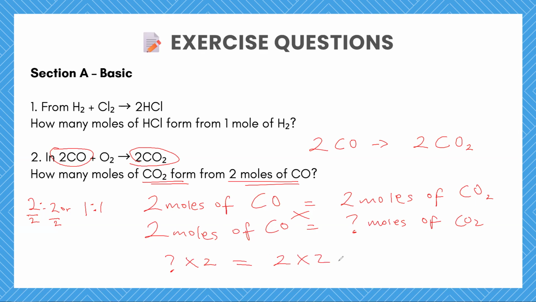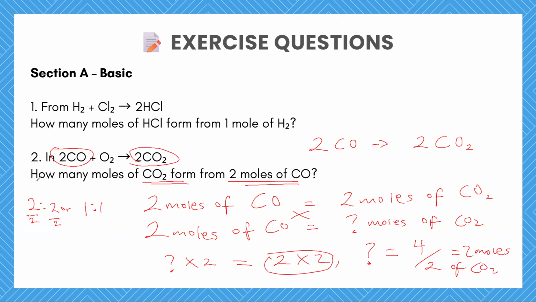So therefore, when we make this the subject of the formula, we have the number of moles of CO2 produced to be equal to 4 divided by 2, because 2 times 2 over here is 4. So therefore, we have 2 moles of CO2 produced. I'm sure you saw how that was carried out.